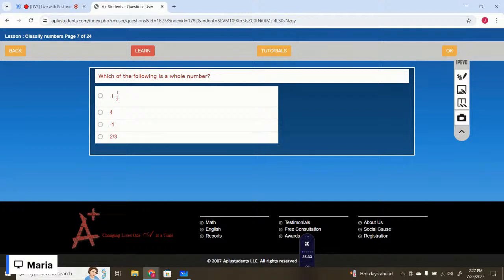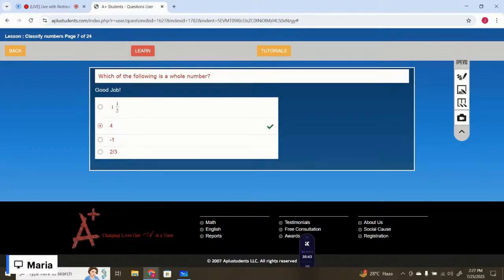Oh no, 5 by naught is not an integer, sorry. Which of the following is a whole number? 4 is the whole number. Option number 1, 2 is the correct option.